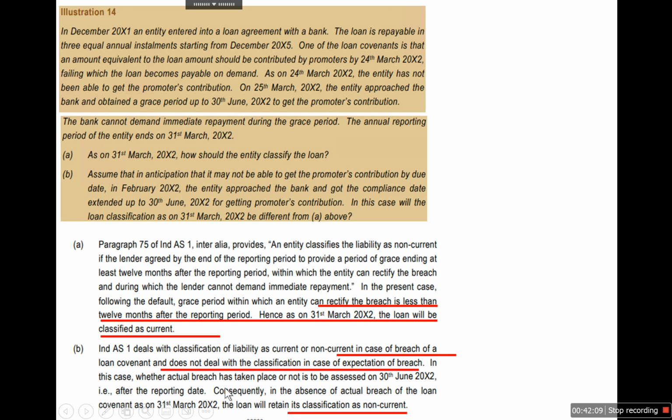In this case, whether an actual breach has taken place or not is to be assessed on 30th June X2, not the reporting date. Consequently, in the absence of an actual breach of loan covenant as on March X2, the loan will retain its classification as non-current.